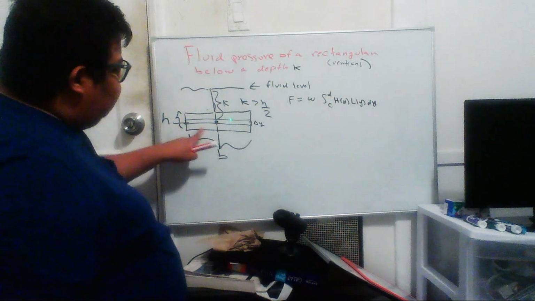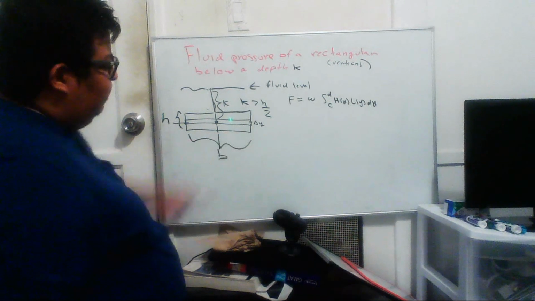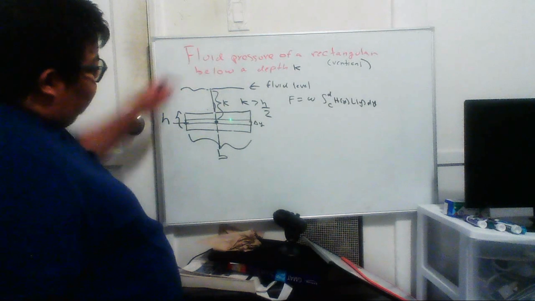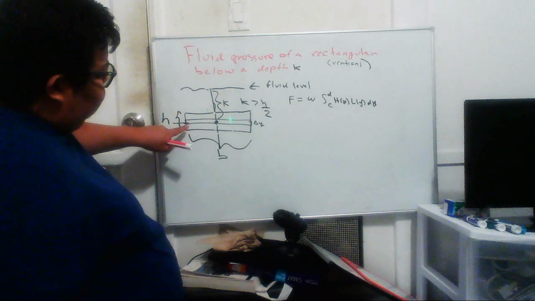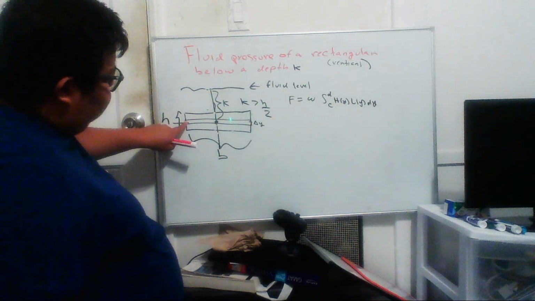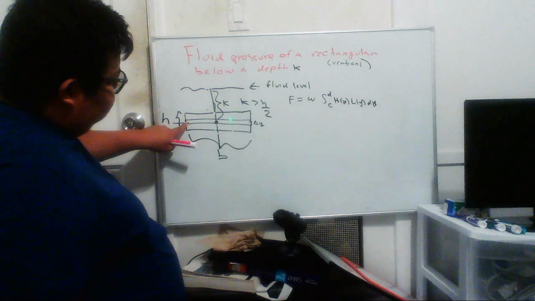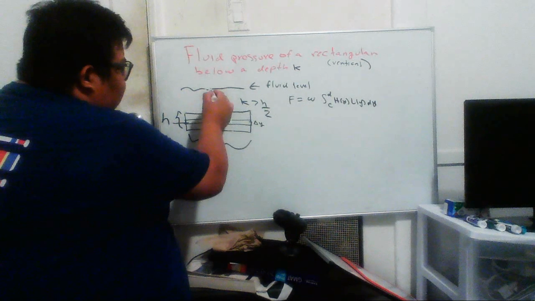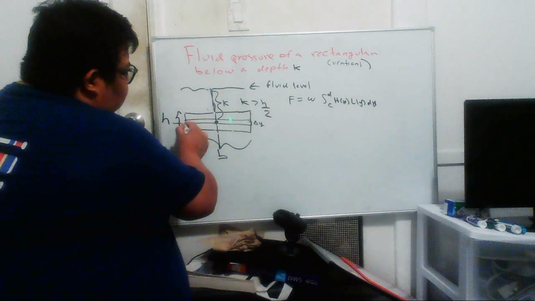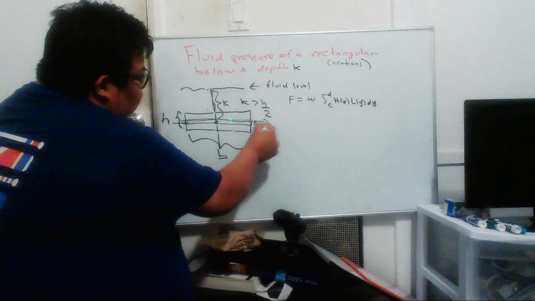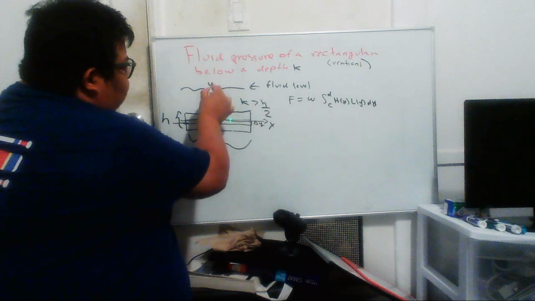So we need to relate H and L with what we have on the picture. So we know that going down is going to be going on the y coordinate. If you place your coordinate plane in the middle of the slab, negative y is going down.